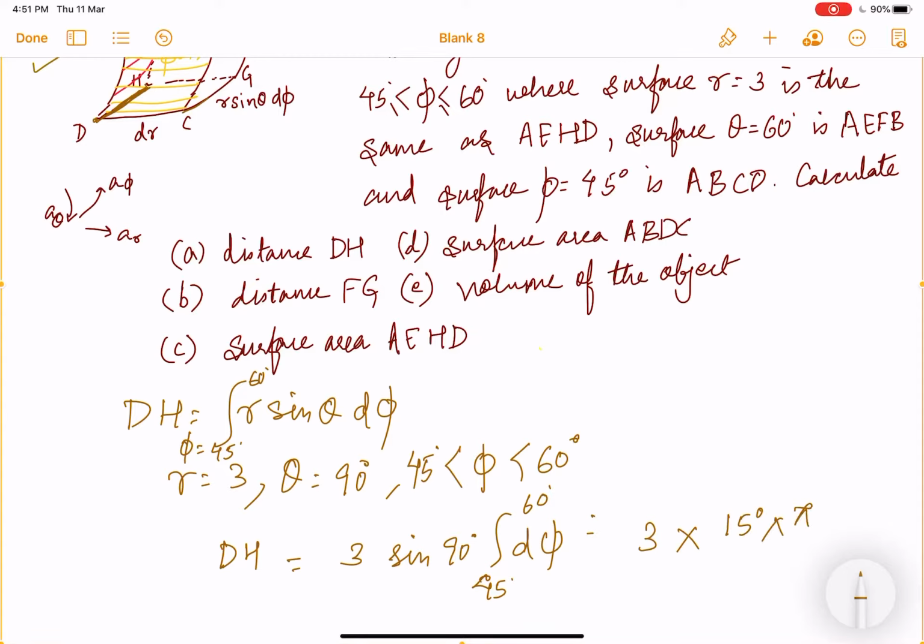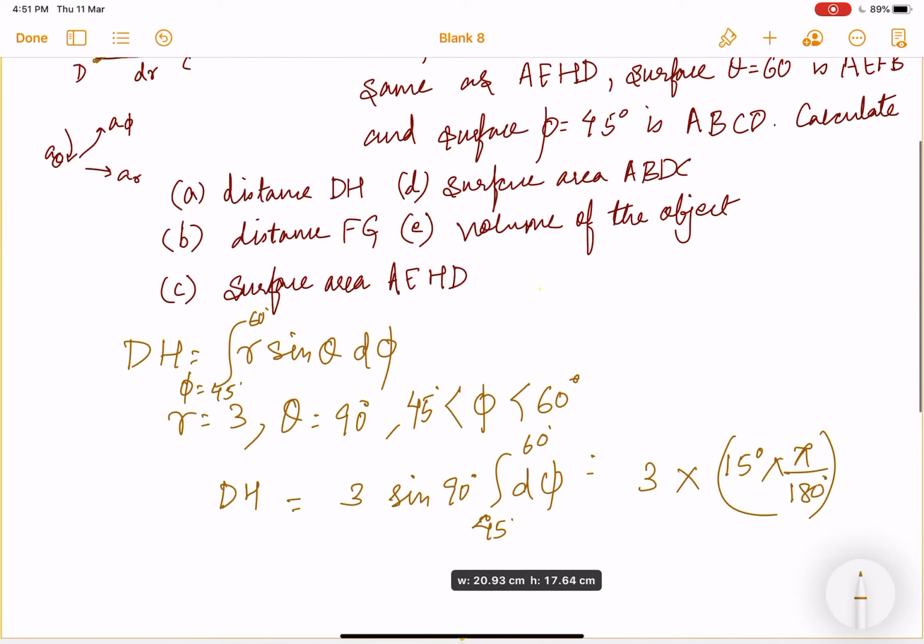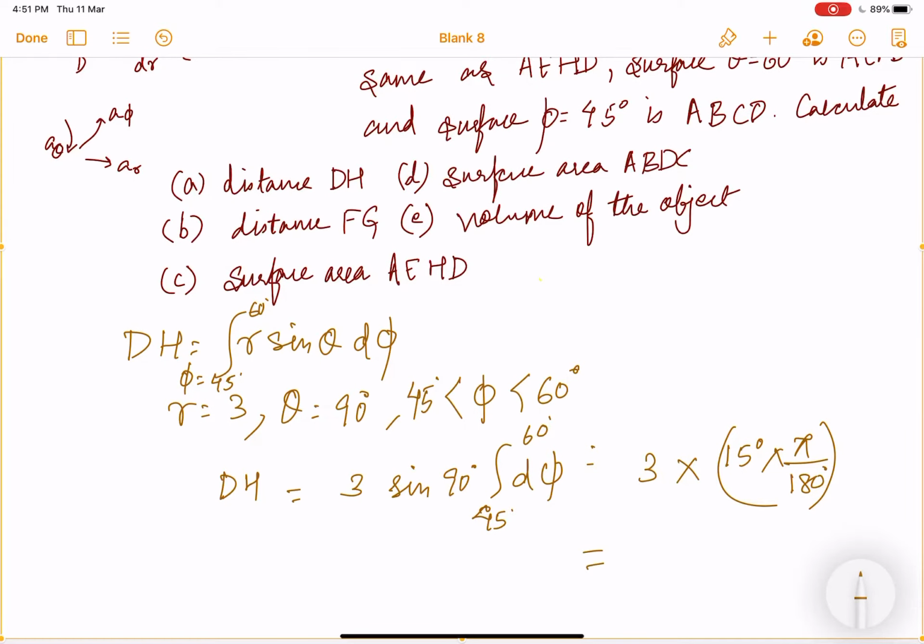You just write it in radians. Don't forget to write it in radians. When you are multiplying, you always use radians, not degrees. Then what are you getting? This will get cancelled and you got pi by 4. If you use your calculator, then you'll see you're getting 0.7854.